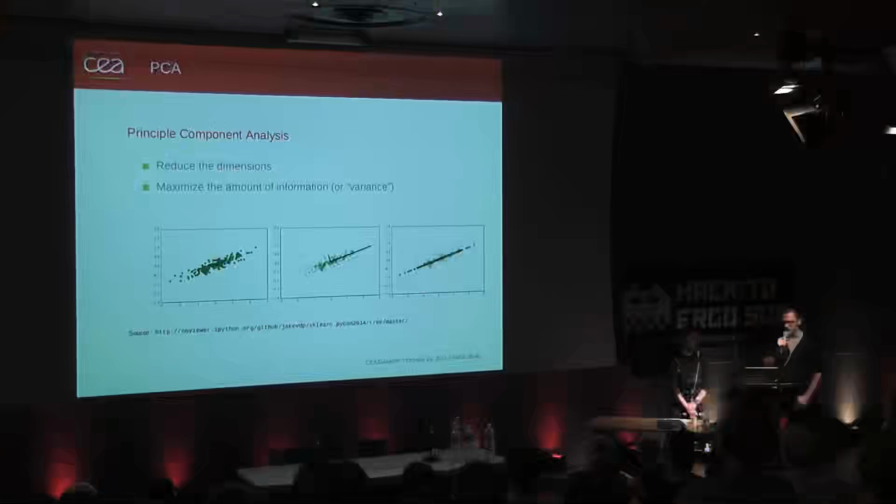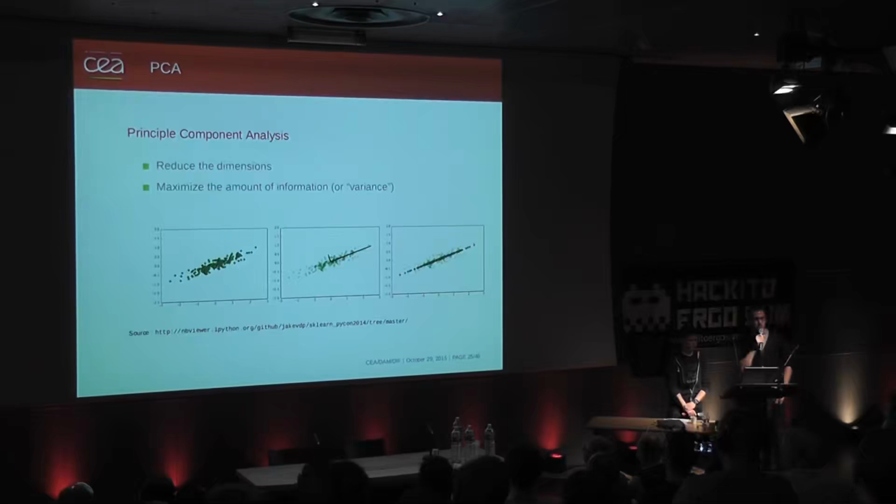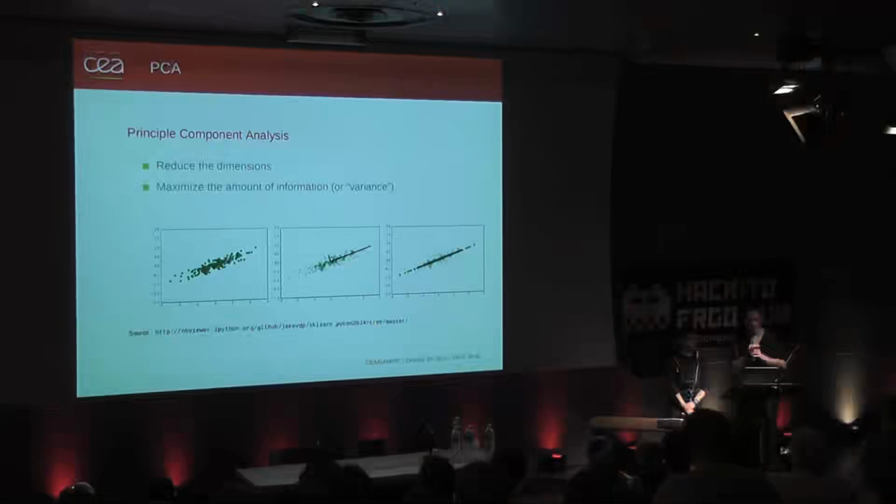Here you have samples in 2 dimensions, and you can see that the relevant part of the information, or the variance, is gathered in 1 dimension. So there are 2 axes. The length of the axis represents the quantity of information you get. So if you do the projection on the first axis, you will lose about 5% of information, but you will divide the dimension by 2. And doing that, you can print in a relevant way data in a high dimension.